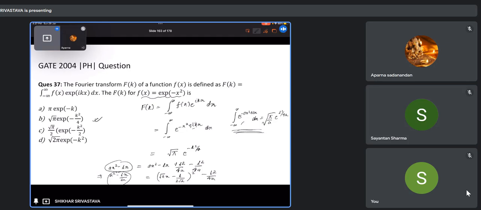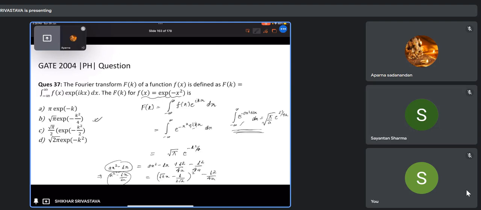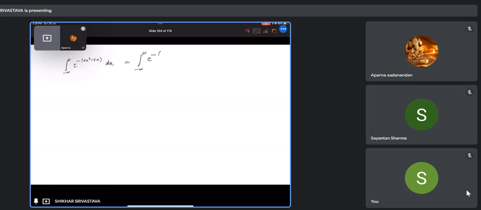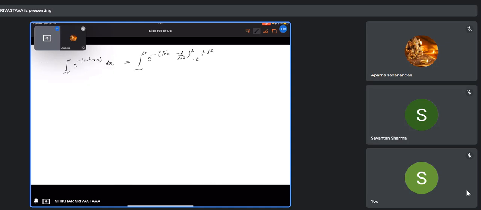For example, we are solving this integral e to the power minus ax square plus bx, so e to the power minus ax square minus bx dx, we can substitute as the square term minus b upon 2 root a, and the second term is exponential, minus minus plus, so b square upon 4a.